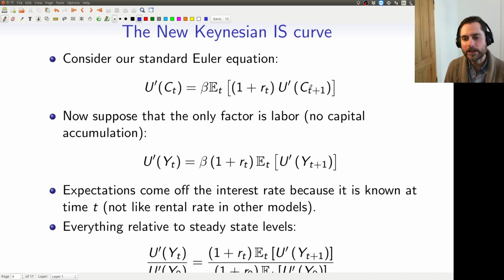And you may recall that in the real business cycle model, we had this complicated situation where we couldn't isolate the consumption tomorrow from the interest rate or the rate of return tomorrow.